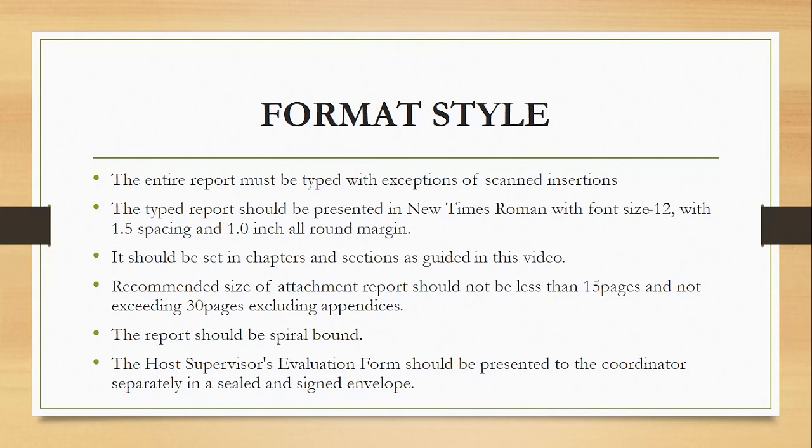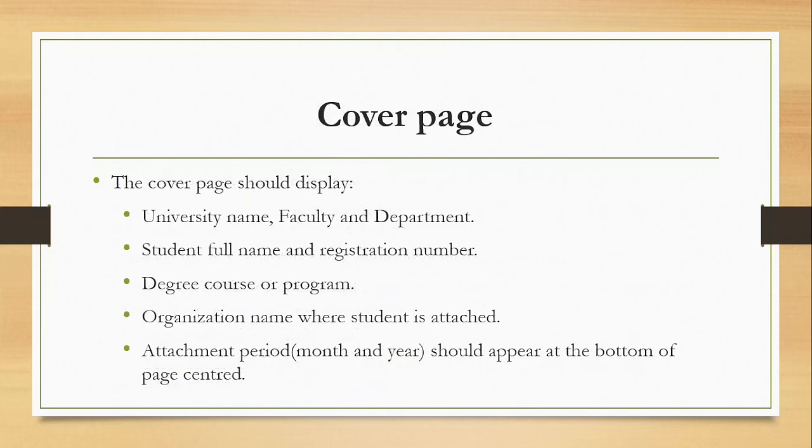So let's look at the first page. This is normally the cover page, and within the cover page, what it should display is the name of the university you belong to, faculty and department. Also mention your name, write your name in full, and of course provide your registration number. Also give the degree, course or program you are engaged in.